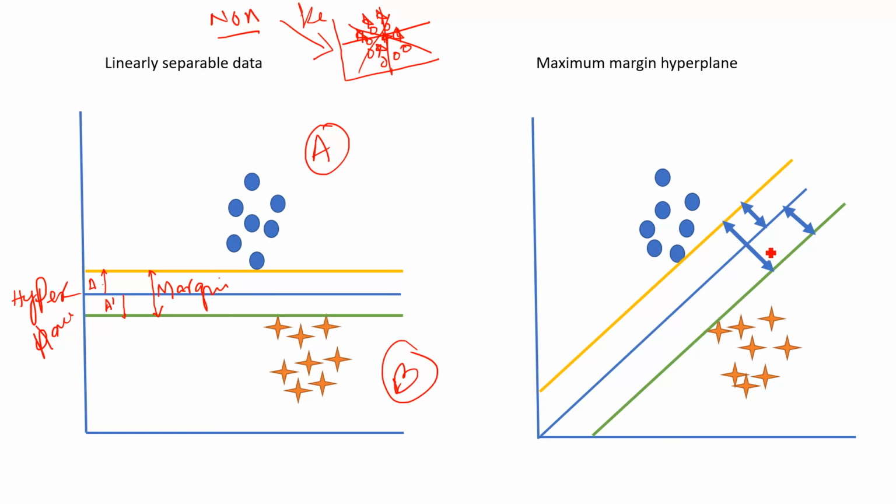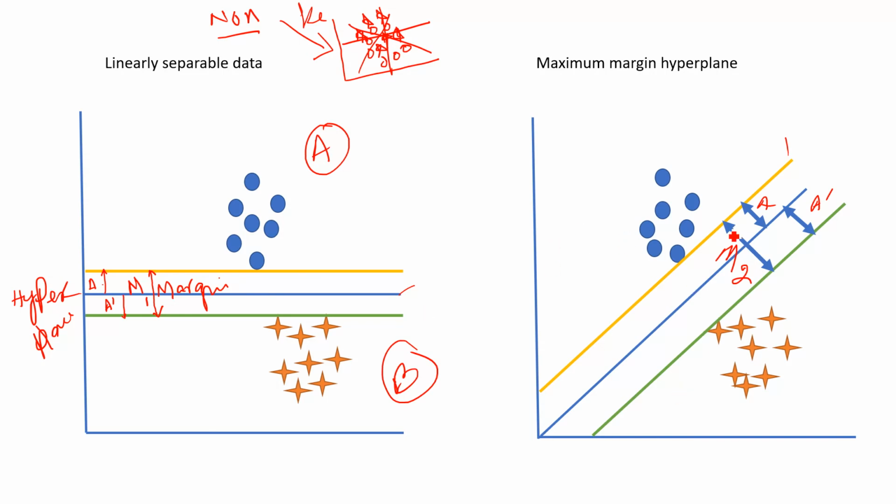So this is the linearly separable case. Now we move here. In this case, instead of making a straight line like this hyperplane, I made my hyperplane like this, and exactly the same way I make the decision boundaries. This is A, this is A dash. When I add this, I get this. This is called margin. So suppose this is M1, margin 1, and this is margin 2.